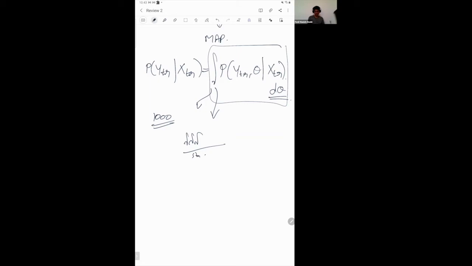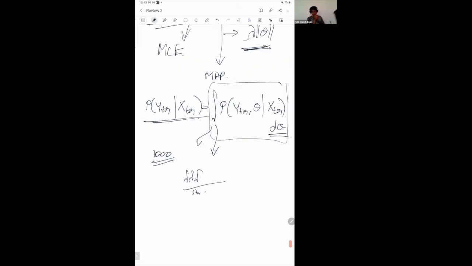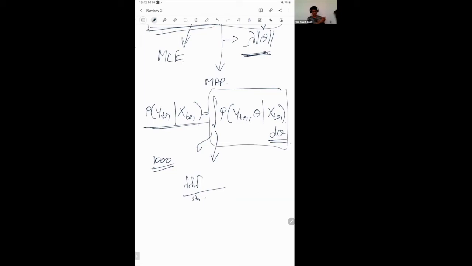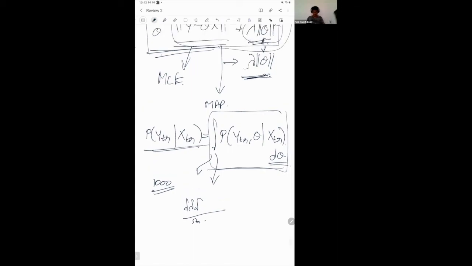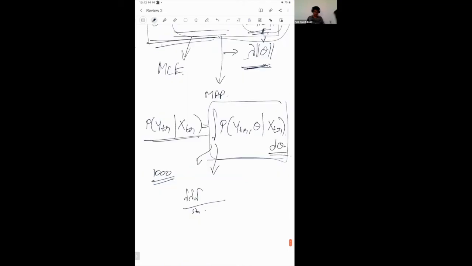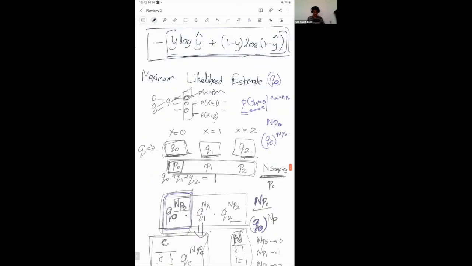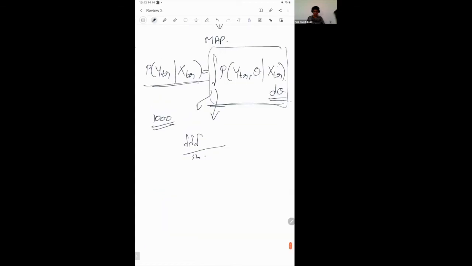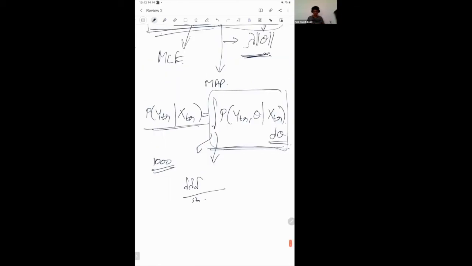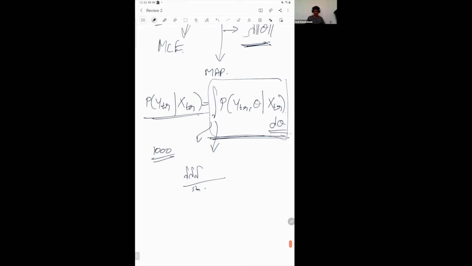That's why obtaining this is hard. You cannot just sit down and integrate it. In some cases you might be able to directly obtain a closed form solution of this integral, but in most cases for our neural networks, where writing the function itself is tedious, doing this integral is impossible right now.